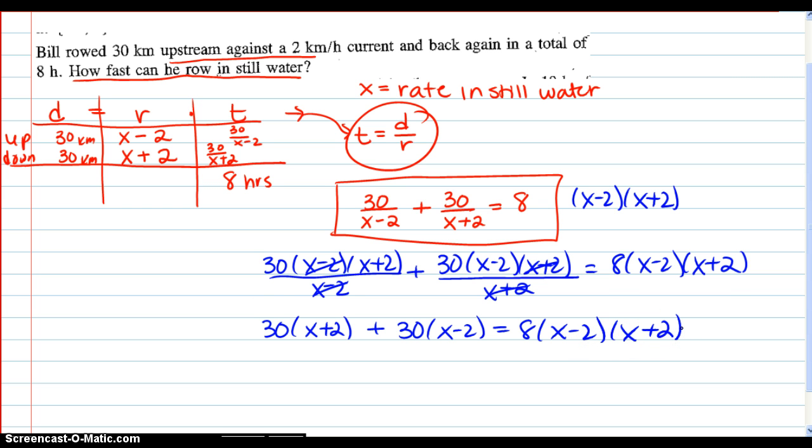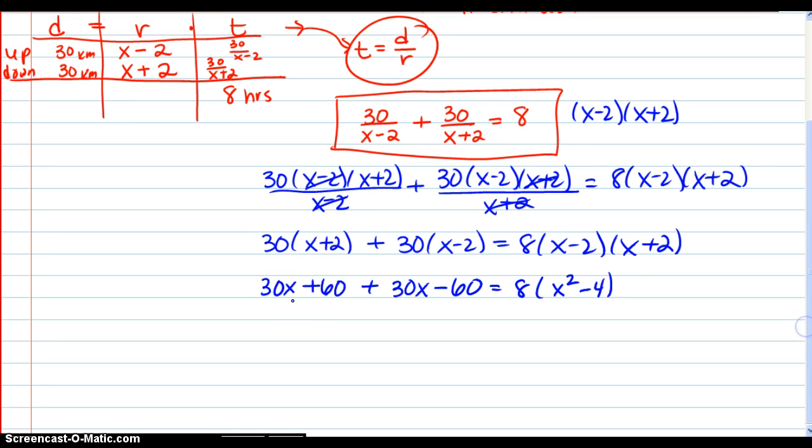From here, we just have to distribute and solve for x. So we have 30x plus 60 plus 30x minus 60 equals, and I'm going to first FOIL, so I get x squared minus 4. Then from here, I'm going to continue to combine. So on this side, I'm just left with 60x.